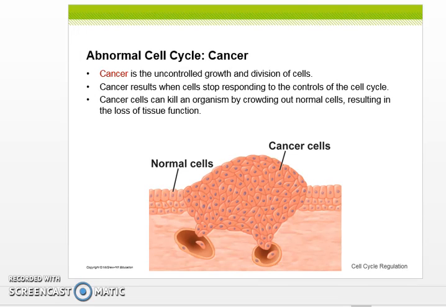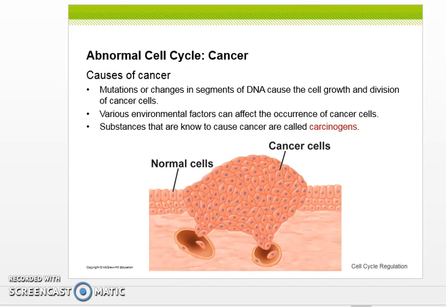For whatever reason, and there's many, this is shut off. That checkpoint no longer happens, and cancer cells can kill an organism by crowding out its normal cells, resulting in the loss of tissue function. So cancer cells don't have that switch in the checkpoint that says, time to stop growing, make your two choices. They just grow and they grow and they grow.